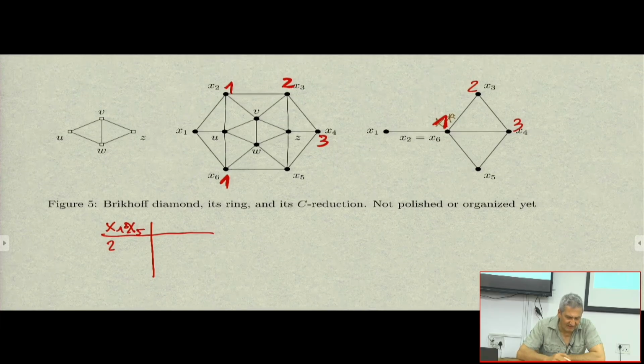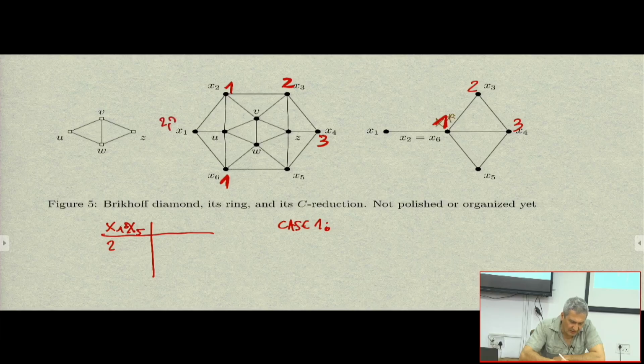Let's say first case 1, x5 can be colored two possibilities. Here can be 2, 3, and 4, and here can be 2 and 4. So we have 6 possibilities.